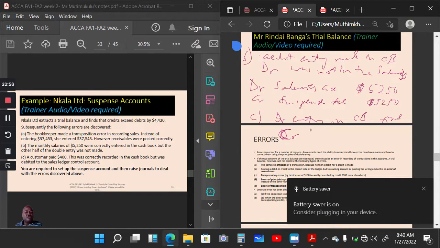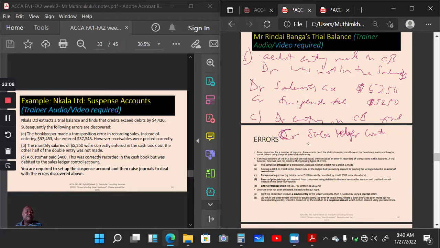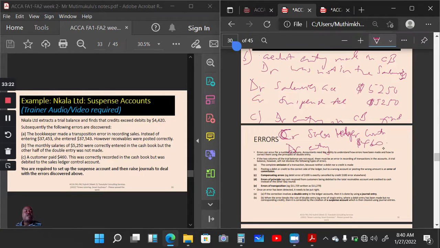So the sales ledger control was supposed to have been credited, but instead of this, there was a debit entry made in this account of 460. So what happens is we need to reverse this.